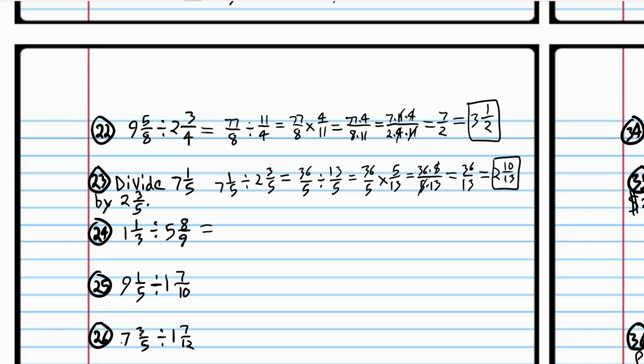All right, we're back. 1 1/3 becomes 4/3. 5 8/9 becomes 53 over 9. And by the way, this is not a race. I'm going fast because I'm trying not to bore you by going too slow, but you don't have to go as fast as I'm going.